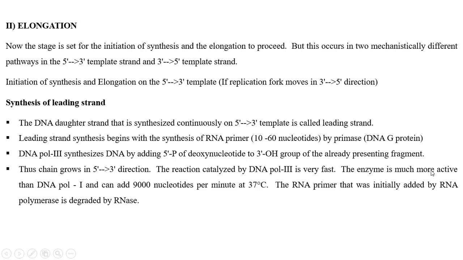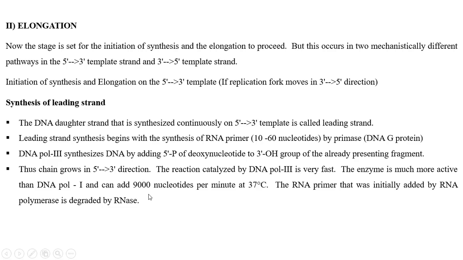This enzyme is much more active than DNA polymerase 1. In prokaryotes, there are three different types of DNA polymerase: DNA polymerase 1, 2 and 3. DNA polymerase 3 is highly processive, highly sensitive, highly specific, and adds much faster than DNA polymerase 1 and 2.